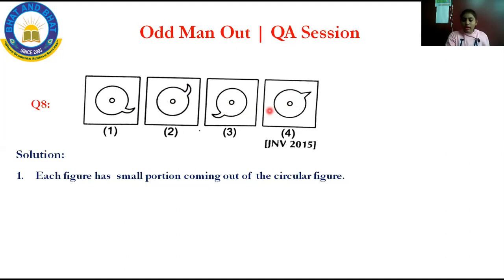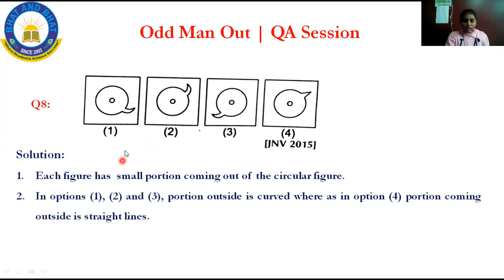Now see option 1. The coming out is also a curve. Can you see here? A curve. And the space to take this ball out is also a curve. And option 3 is also a curve. But option 4 is some triangle. Now let me compare.